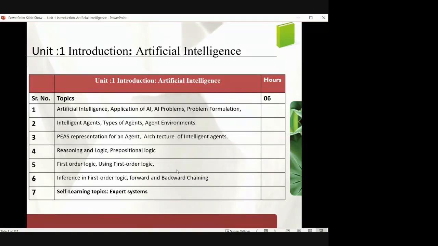These are propositional logic and first order logic. Based on that, the whole AI system is built, so that we will learn, and how to infer that logic. So these are the main basics of AI.